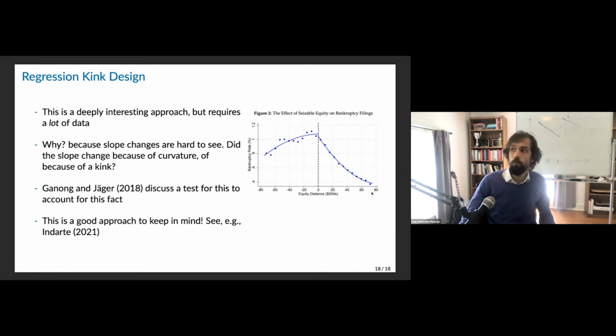When you're below it, everything is protected, so there's limited incentive to file for bankruptcy. When you're above this, more of your assets will be seized. And so she's exploiting that discontinuous change in the slope. The challenge is, how big of a kink is it? Statistical sensitivity is what becomes much more challenging.